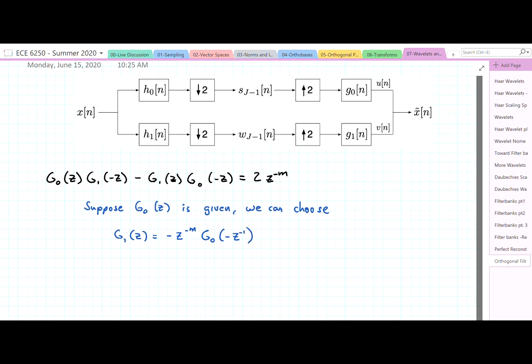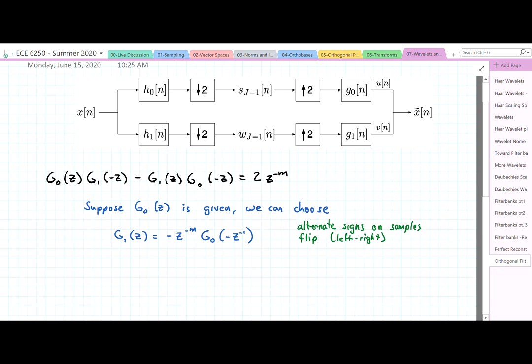So here we are alternating signs on the samples. That's the negative Z. We're flipping our filter around from left to right.